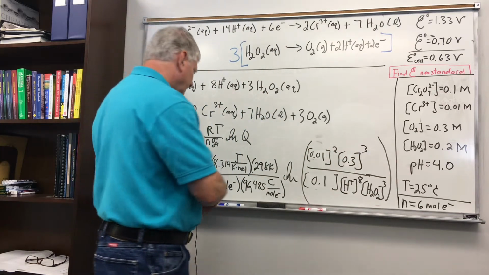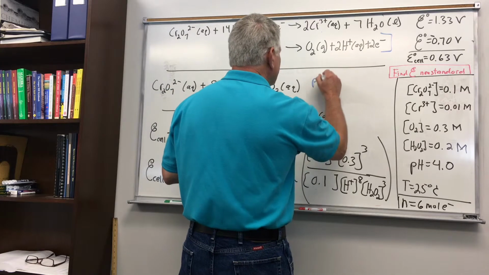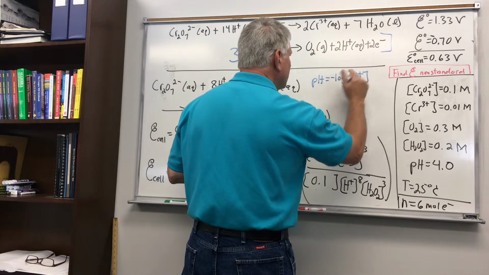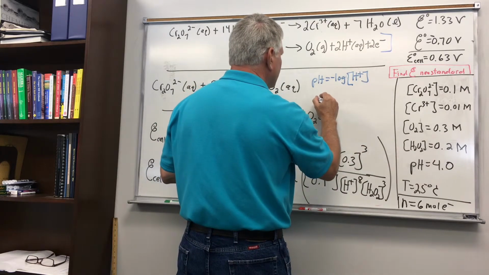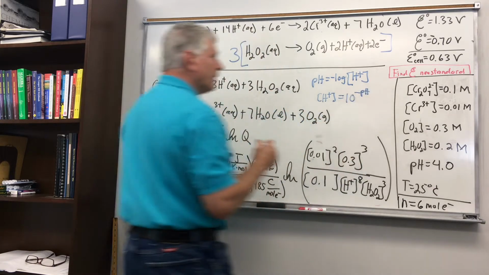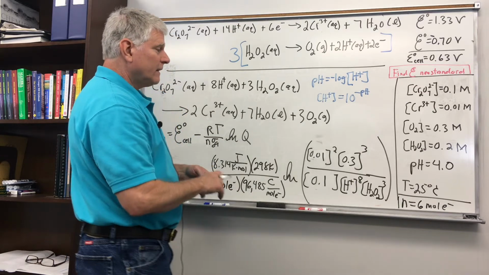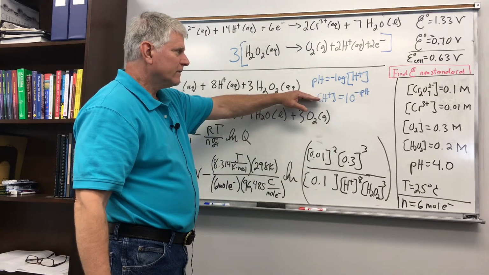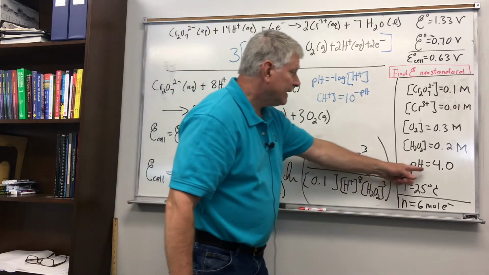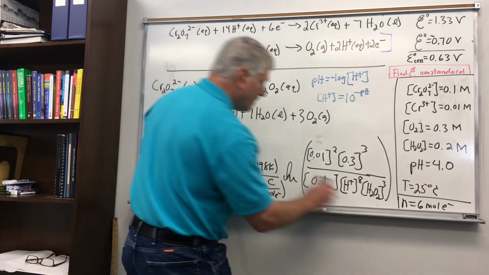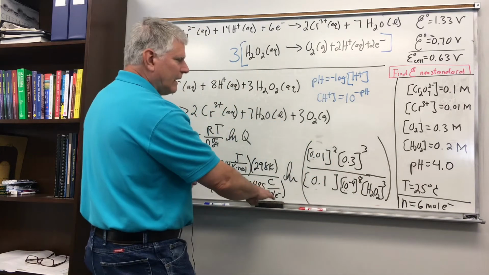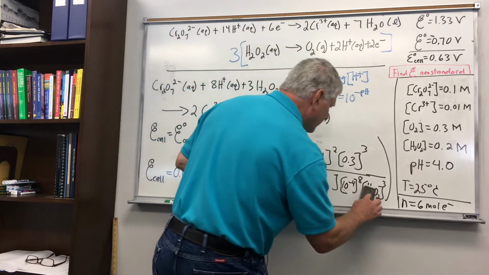So remember that the pH is negative log of the H plus concentration. So that means that the H plus concentration is equal to 10 to the minus pH power, just using the properties of log. You saw this in the acid-base section. So H plus is going to be 10 to the minus 4th. And hydrogen peroxide is 0.2 molar.